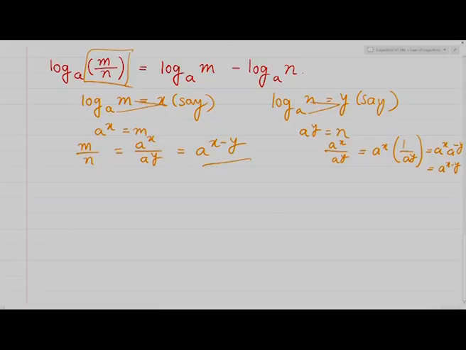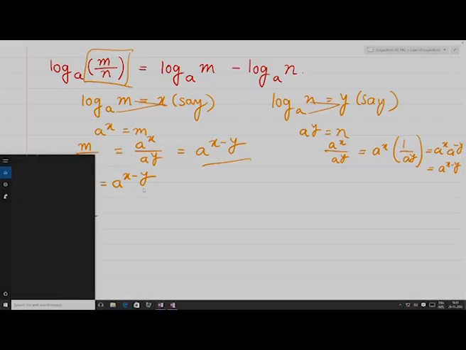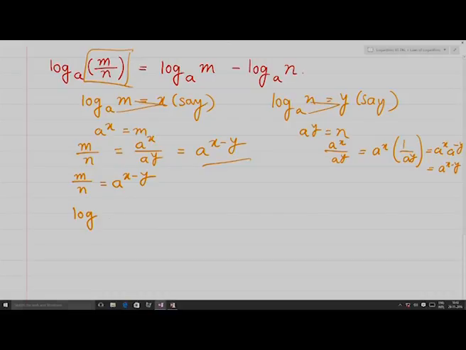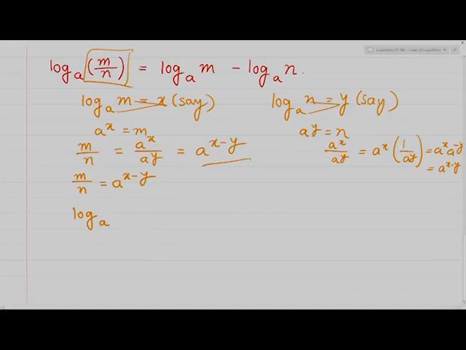And therefore, m by n equal to a raised to x minus y can be written, if I take the log on both sides or convert this to exponential form, as log to the base a of this number, which is m upon n.